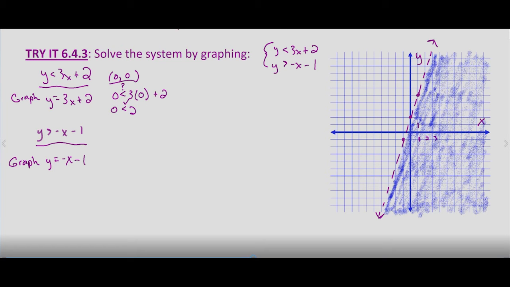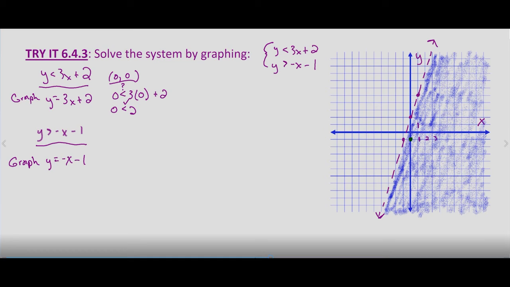So we plot a point. I'm going to change the colors again so we can differentiate. Let's put in 0. So negative 0 minus 1. That's just 0 minus 1, which is negative 1. So (0, -1) is one of the points. Let's go ahead and use 2.